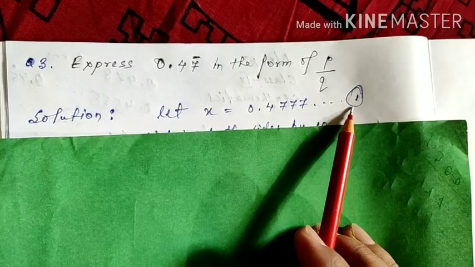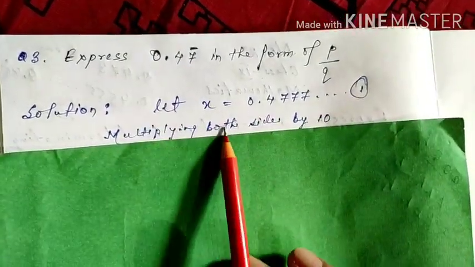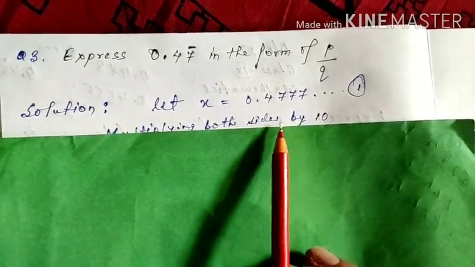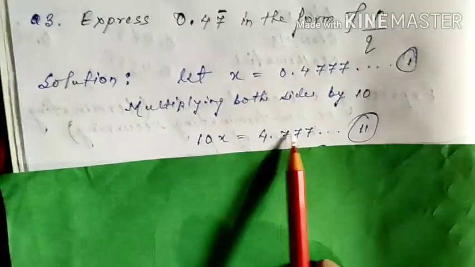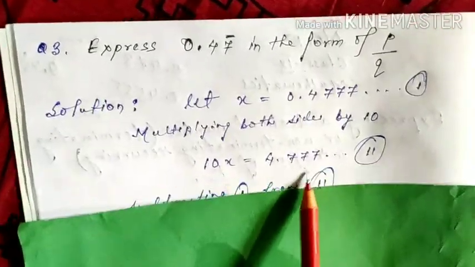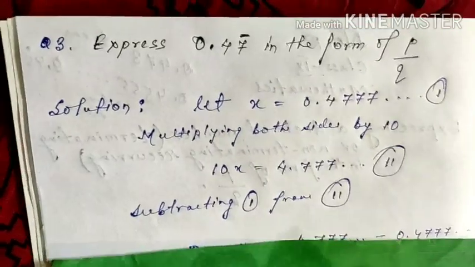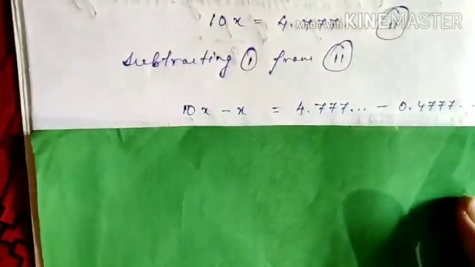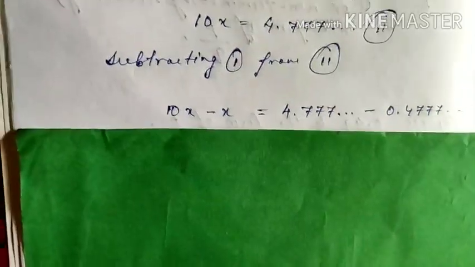We'll consider this as equation 1, and as we have done in our previous solution, multiplying 10 on both sides, we will get 10x equals 4.777. Now again subtracting 1 from 2, the LHS part will be subtracted from the LHS part, the RHS part from the RHS part.